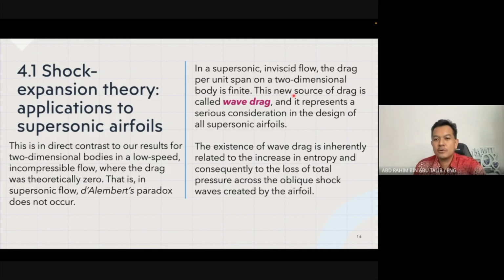It represents a serious consideration in the design of all supersonic airfoils, whether it is a flat plate or a diamond wedge shaped airfoil. The existence of wave drag is inherently related to the increase in entropy and consequently to the loss of total pressure across the oblique shock waves created by the airfoil.